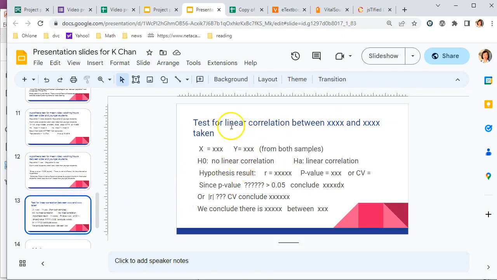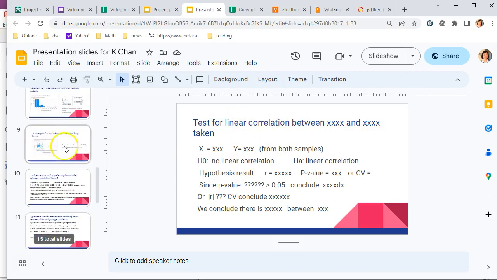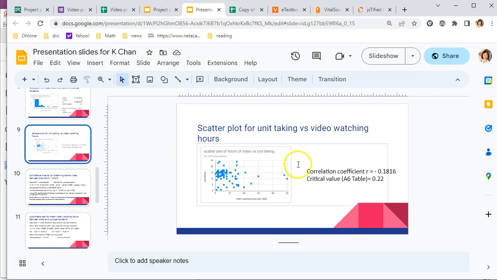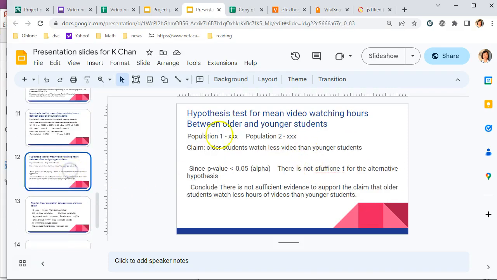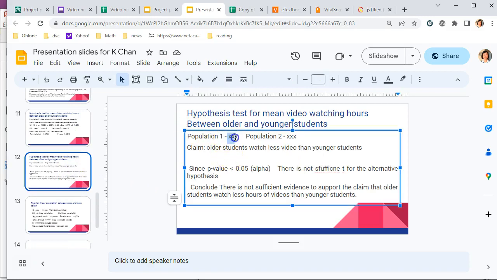The third test that we have to do is the test for linear correlation. Earlier, we calculated R equal to 0.1816, and we found the critical value from the A6 table to be 0.22. So we're going to just complete our hypothesis test. Again, population 2 is younger students.